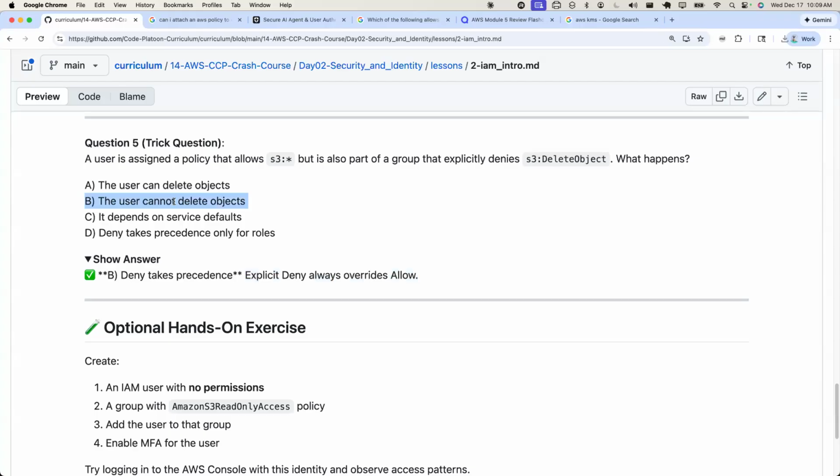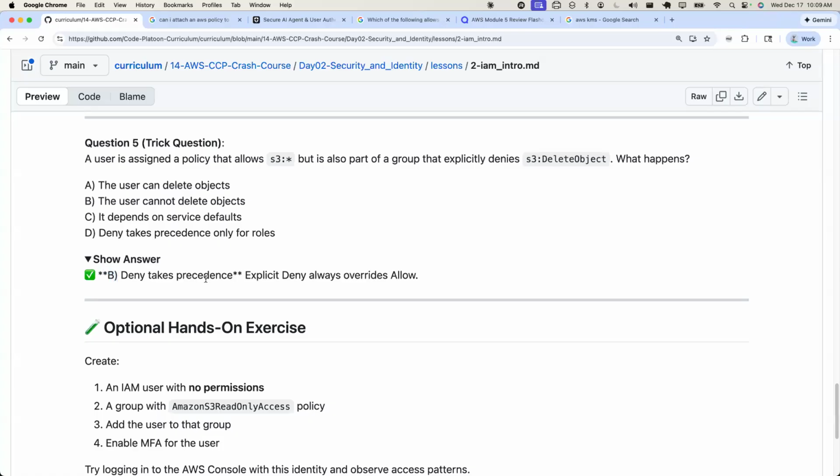Oh, yeah, I said B, the user cannot delete objects, because I was thinking they can do everything but delete an object. Yeah, you were correct. We have this wrong here.